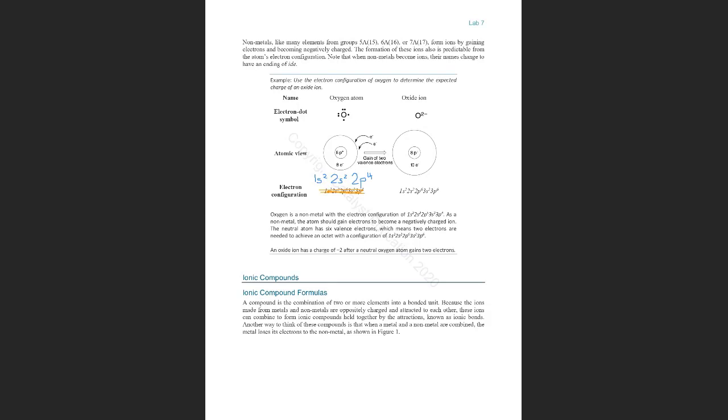It's in the 6A column on the periodic table. One of the things you may note is that on the columns of the periodic table, there's typically a label that goes above them.